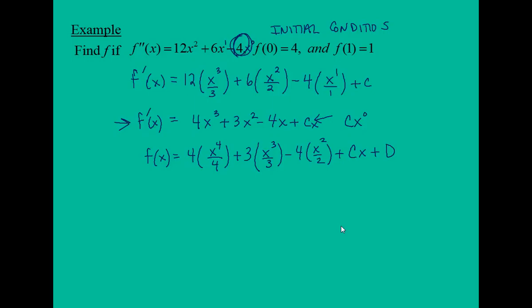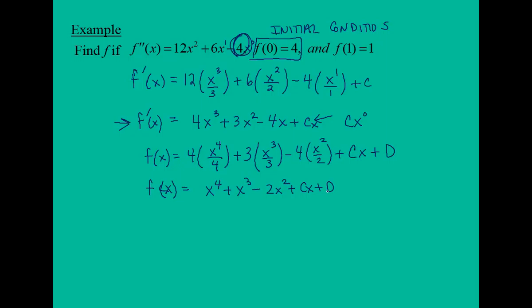So first off, let's use this initial condition here. If x is 0, y is 4. And let me just clean this up before we use our initial conditions. Our f of x equals x to the 4th plus x cubed minus 2x squared plus cx plus d.